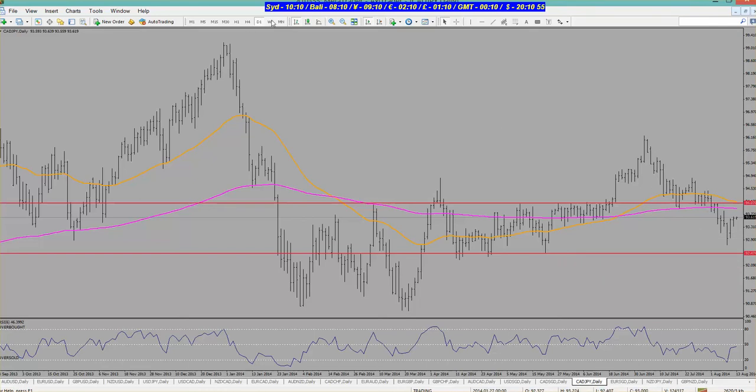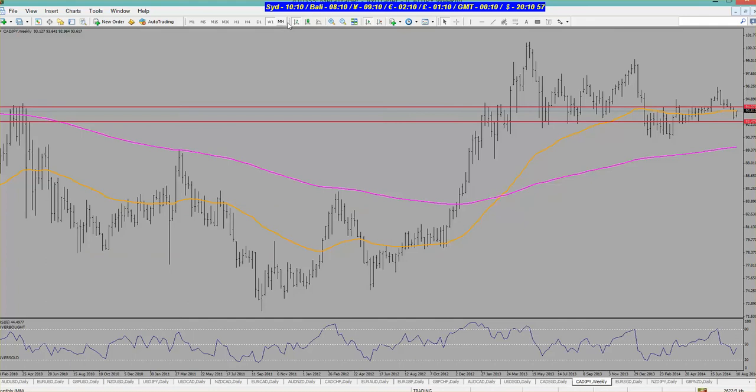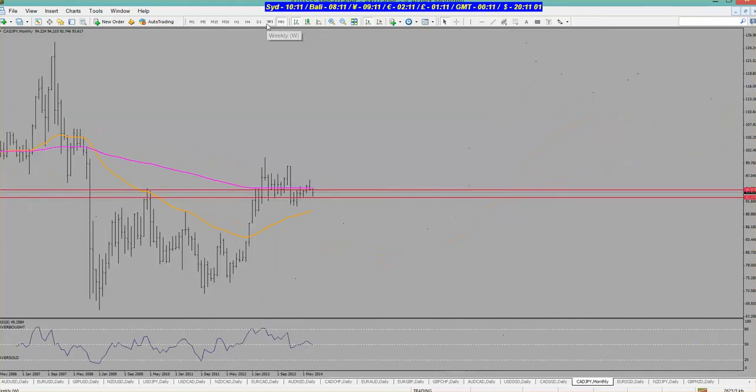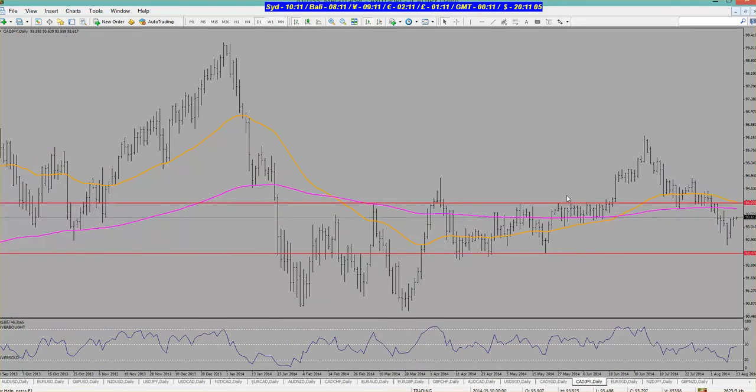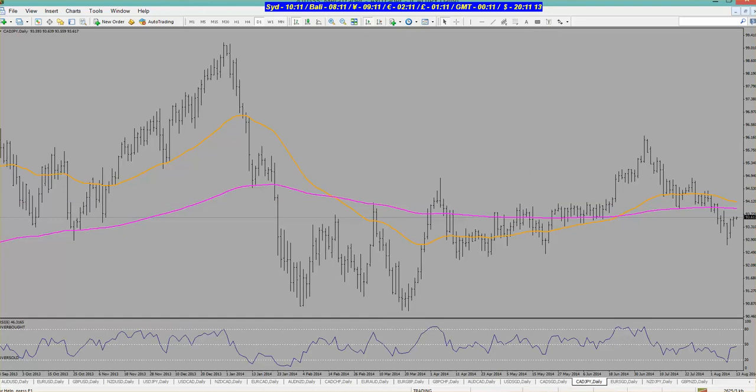You might be looking at this on a weekly or a monthly. It's pretty messy though, isn't it? To me, it's just not clear cut. So I'd be staying away from that until we do see some clear indications of what's going on. Okay.